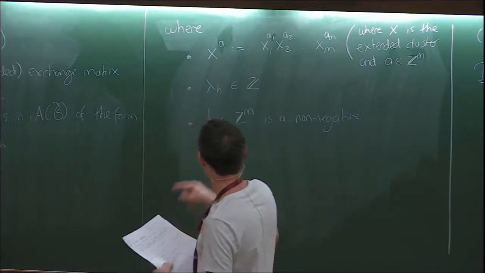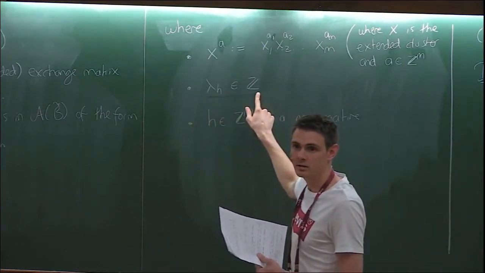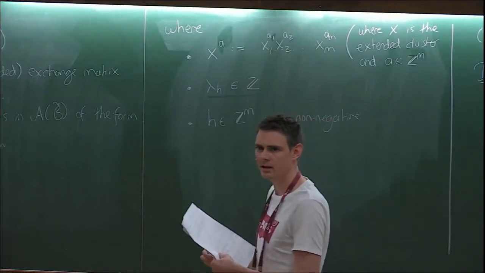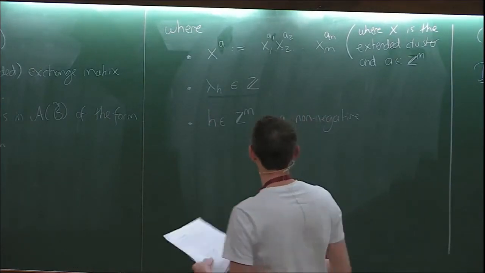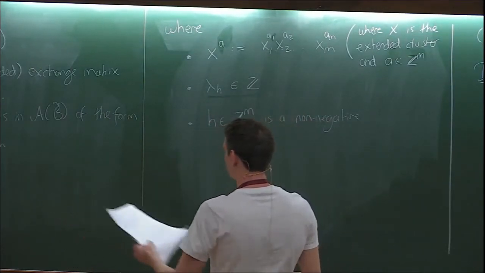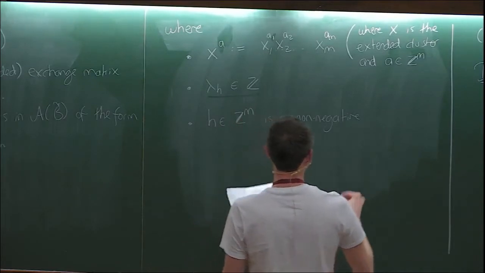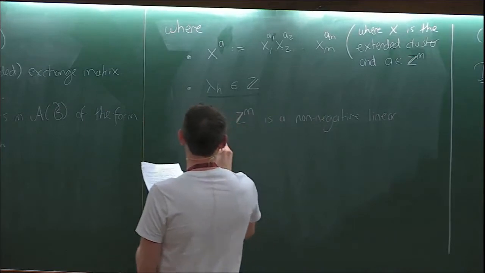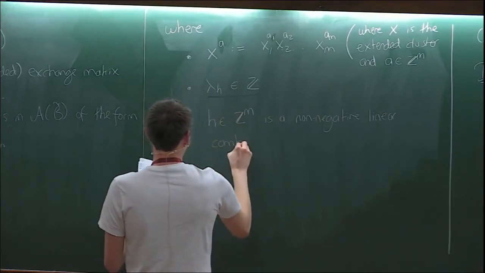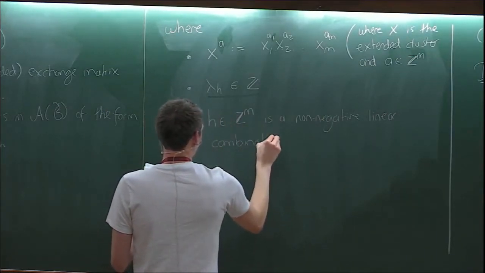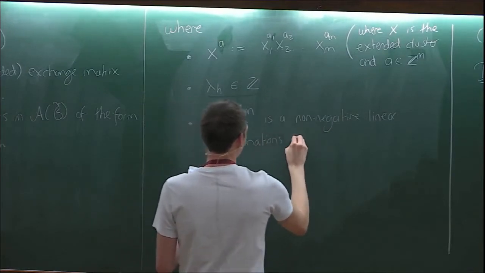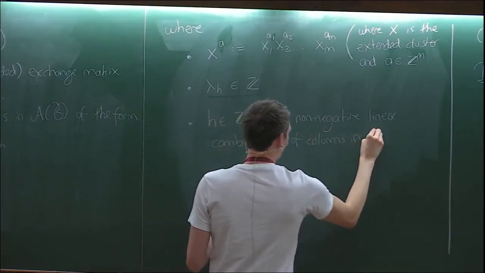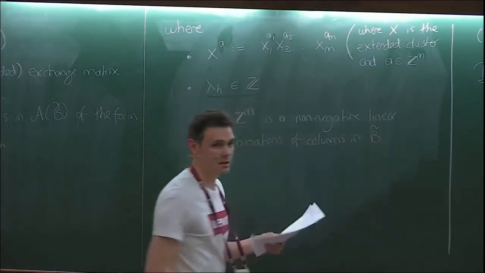Lambda h is what I've defined here, and it's just some integer. Does that answer your question? Yeah. Right, and the sum is over non-negative linear combinations of columns in our extended exchange matrix.